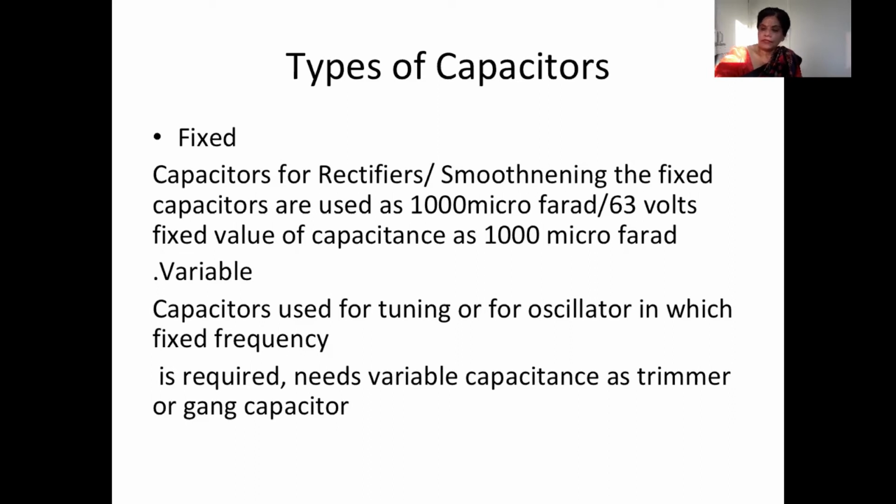In the variable capacitance, two plates are there, one plate is fixed, and with the other plate you can vary the capacitance. Examples are variable capacitors, gang capacitor, trimmer capacitor. So these are the variable capacitors.